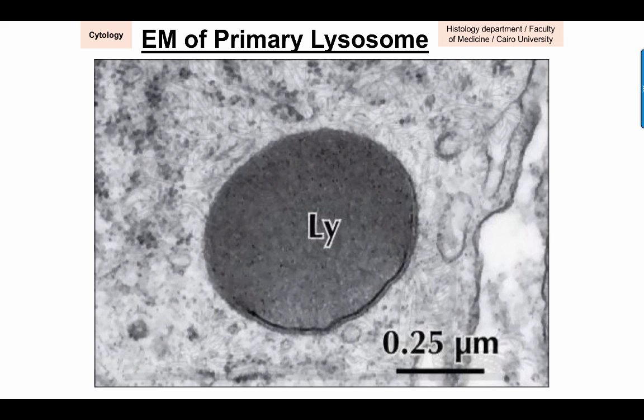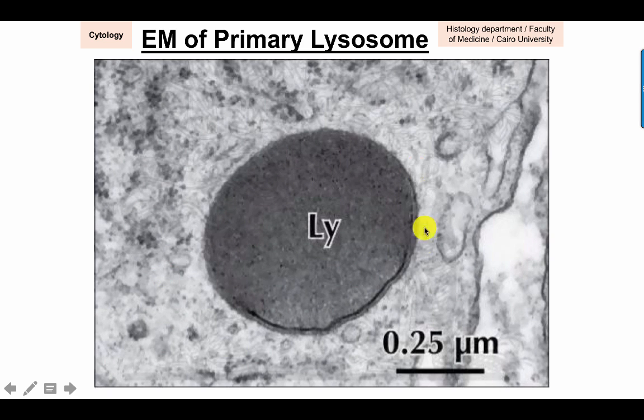The lysosome is a membranous organelle formed of a single membrane containing hydrolytic enzymes. You should remember what these enzymes are: phospholipases, nucleases, proteases, sulfatase, and acid phosphatase.